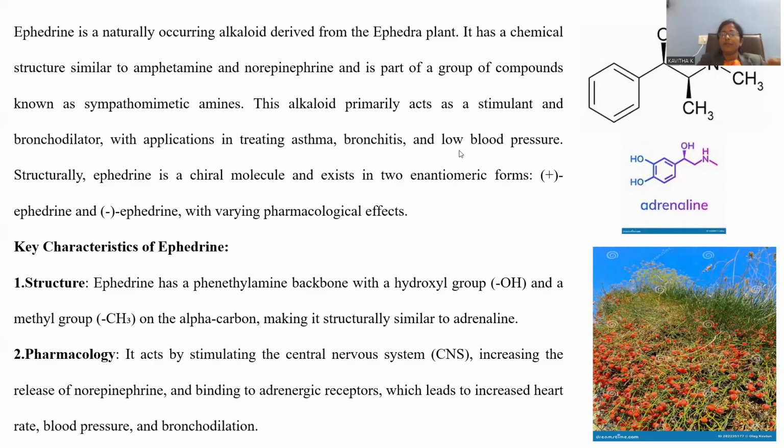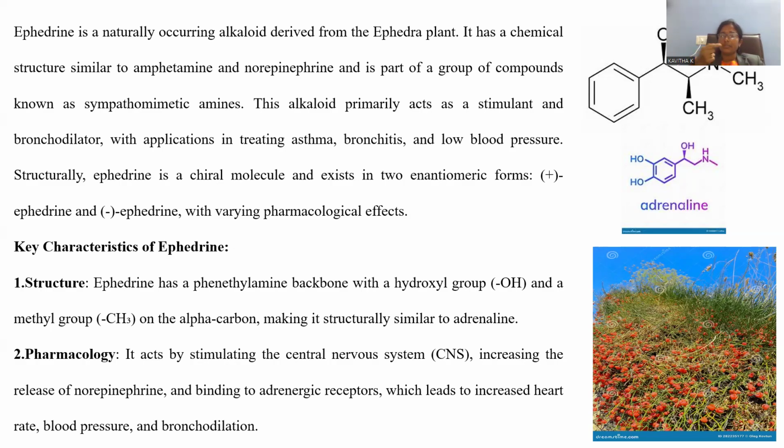And the people who are suffering from lower blood pressure conditions: blood pressure is nothing but the pumping of blood, and that pumping rate is measured as 120 by 80. The upper limit will be 120 and the lower will be 80. That is the optimal level of blood pressure.